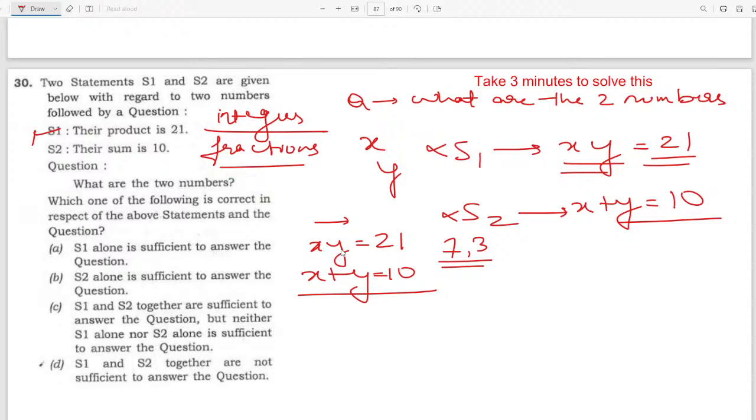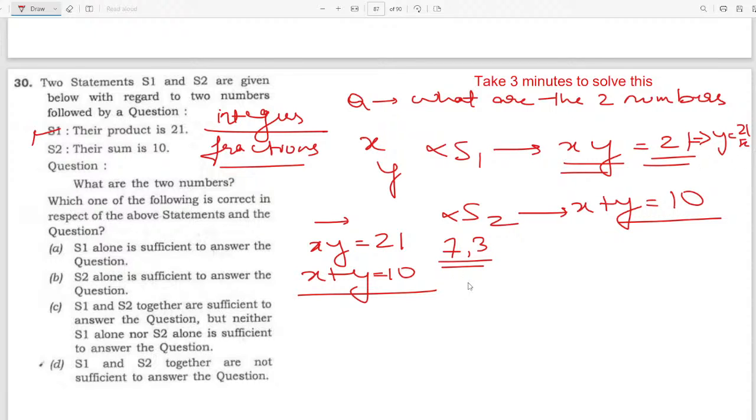If you want to confirm with algebra, you can substitute the value of y. From the equation xy equal to 21, we have y equal to 21 by x.